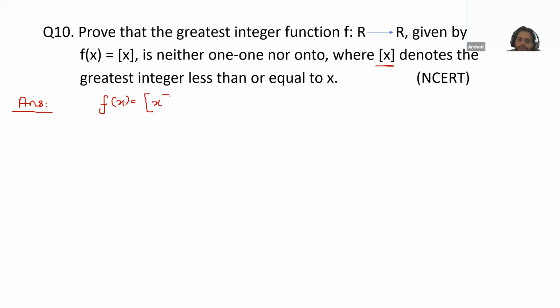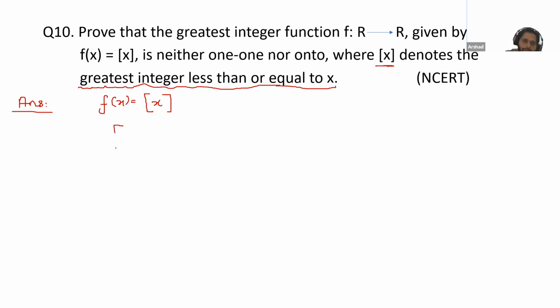So first of all, we will discuss what the greatest integer function is. To remember this, please always learn this statement: greatest integer less than or equal to. From this statement, you will always remember what exactly a greatest integer function is.